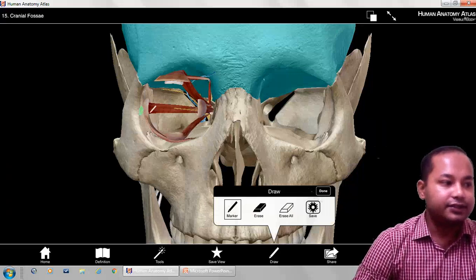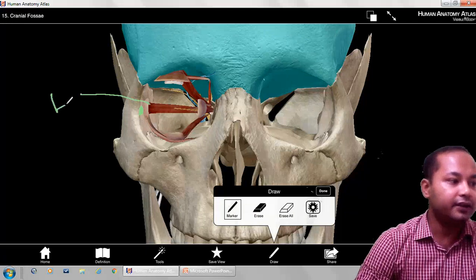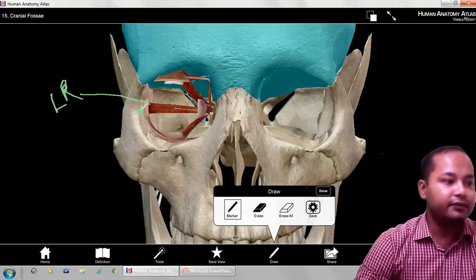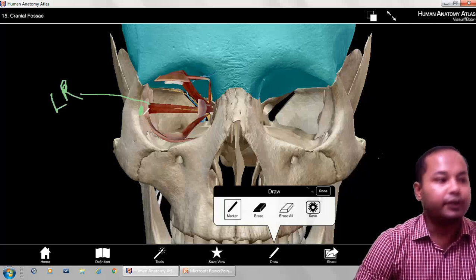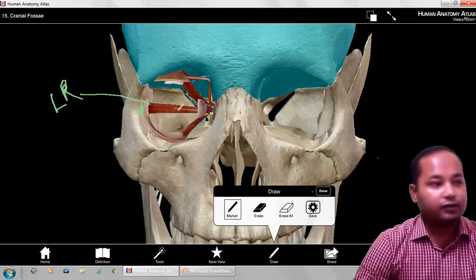It is acting as a check ligament for the lateral rectus. So did you see that lateral rectus? This lateral rectus has a check ligament here, which forms a point in the tubercle in the body of the sphenoid bone, zygomatic bone. So this is called Whitnall's tubercle.